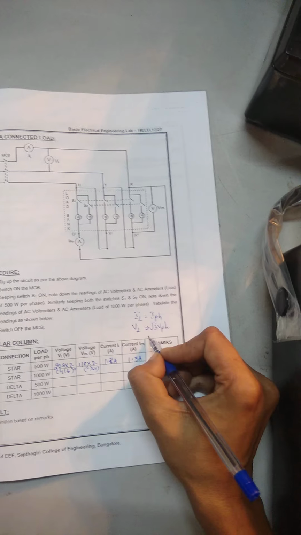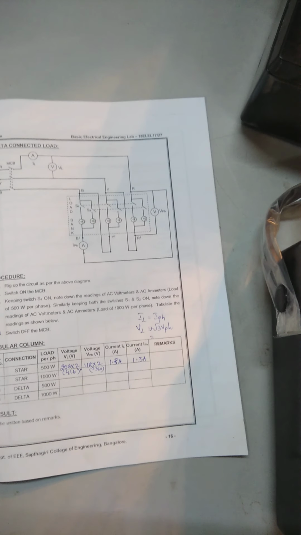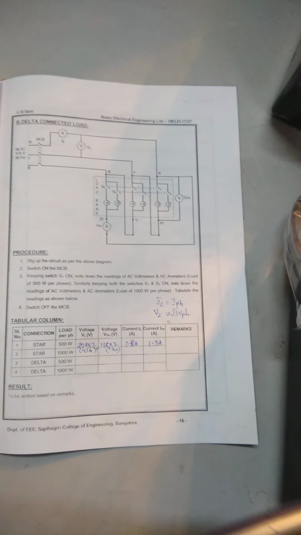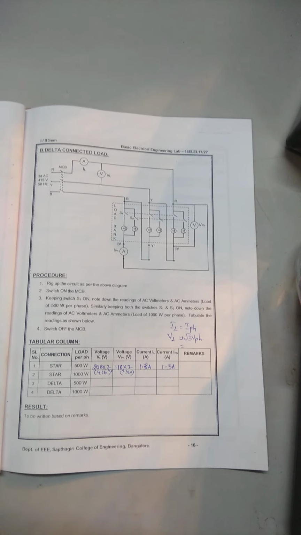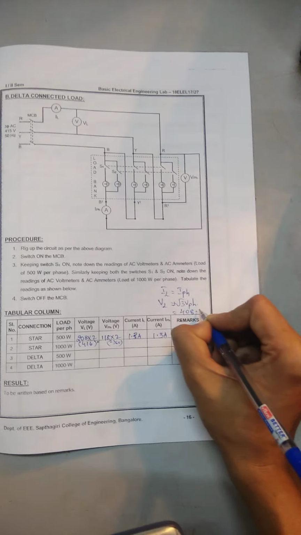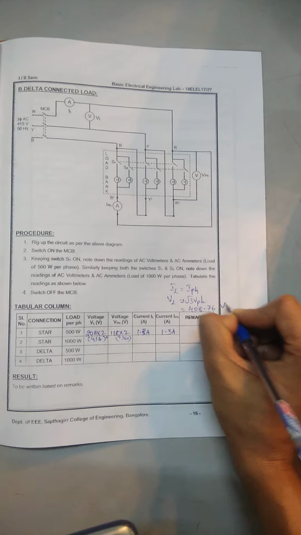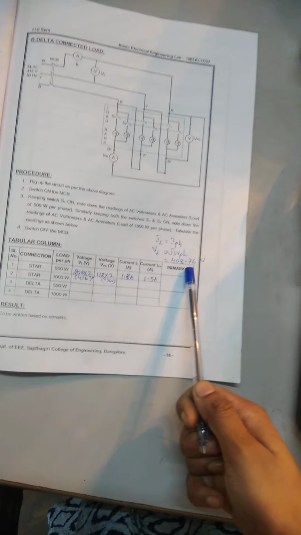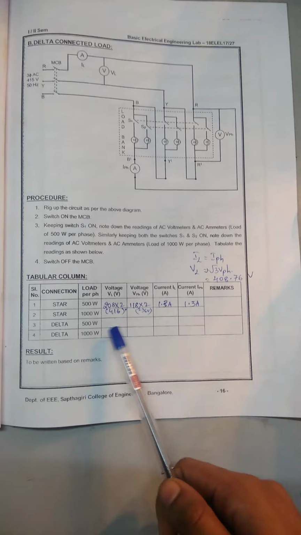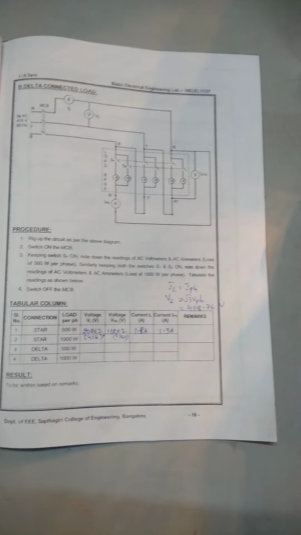Here the phase voltage we got is 236. So 236 into root 3 is 408.76 volt. Practically the line voltage we got from the voltmeter is 416. So approximately we get the values.